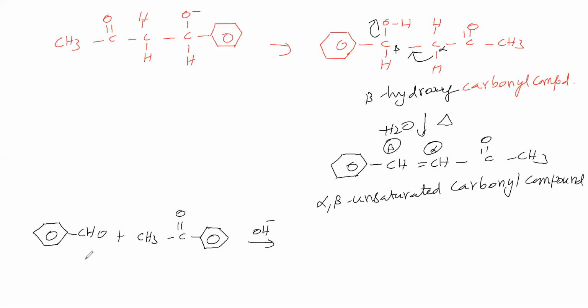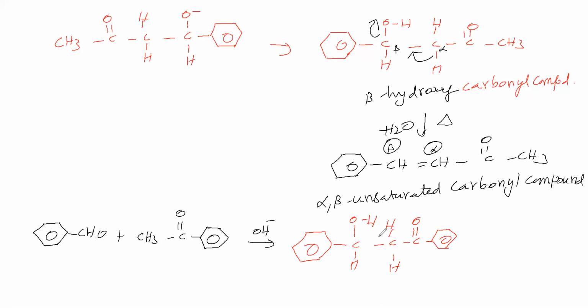This carbanion carbon will make a bond with this carbon. Therefore that O becomes OH. This CH3 becomes CH2, CH2, and this CO phenyl ring we write as it is.